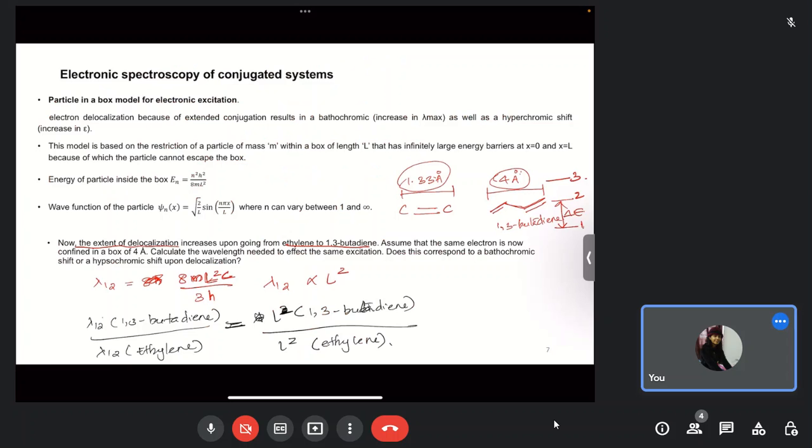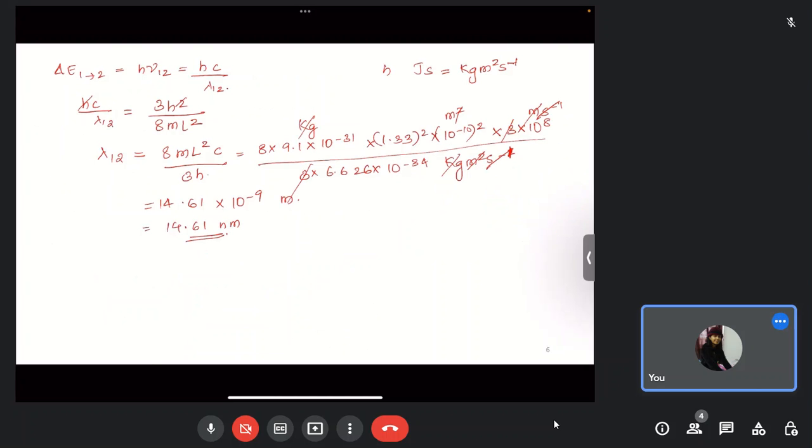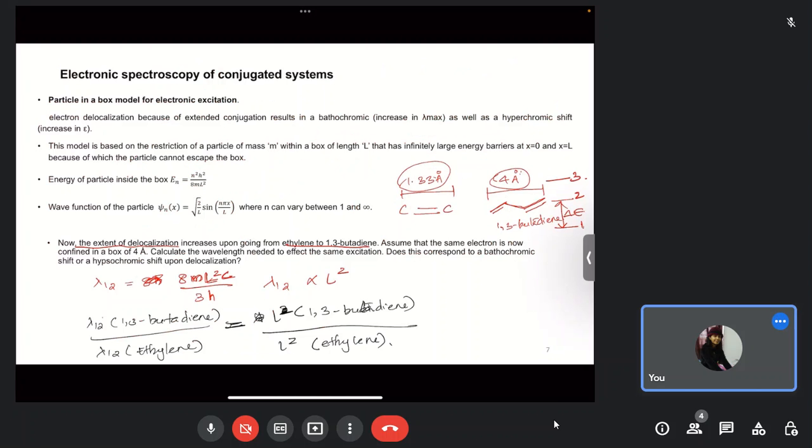Yeah, so we had seen that as we increase the conjugation, this one was corresponding to 14.61 nanometer and this one was corresponding to 132.11 nanometer. So as you increase the conjugation, you increase the lambda value.